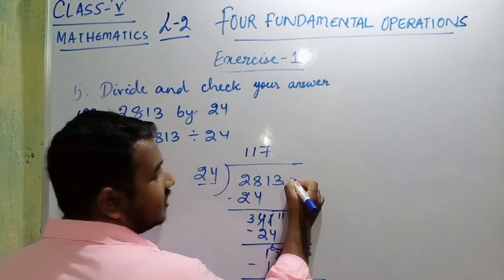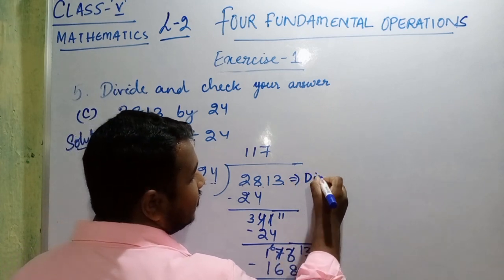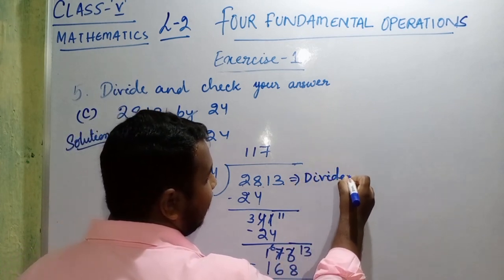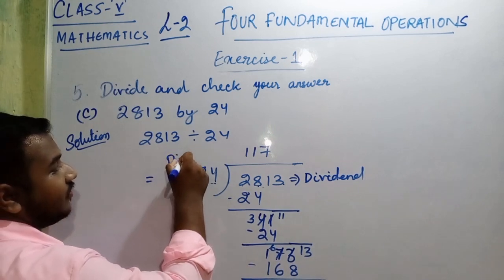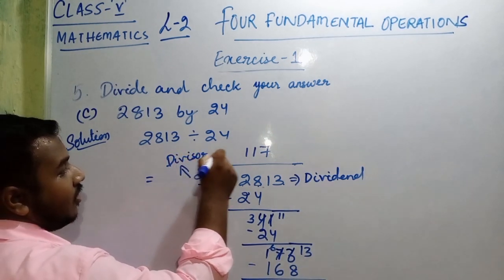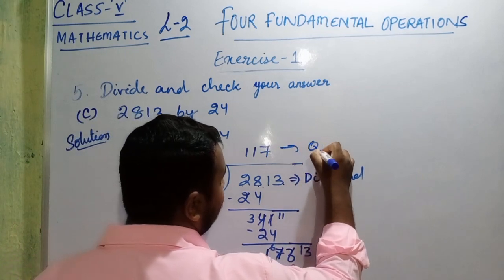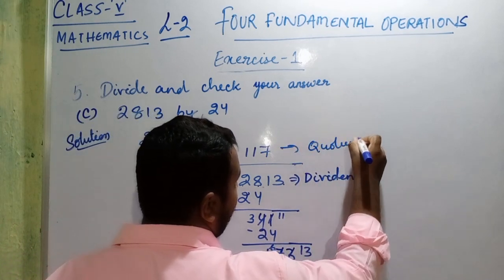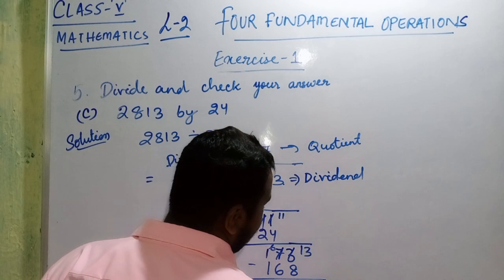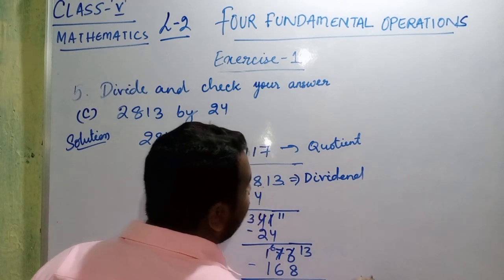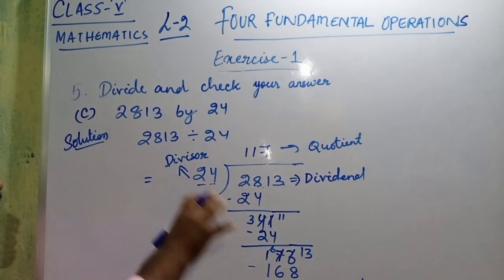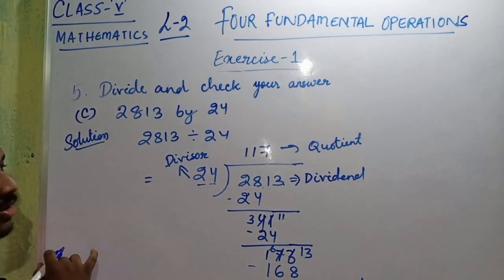So first, this is the dividend. What is this one called? Dividend. This one is your divisor. This one is your quotient. And this is your remainder. Now we have to check whether this is correct or not.